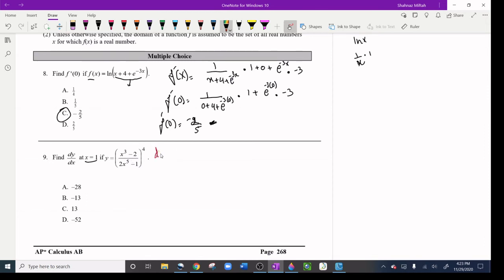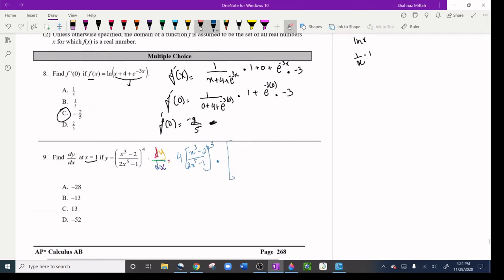I'm going to have dy/dx equal 4 jump to the front, and I'm going to keep the inside as it is, which is x cubed minus 2 over 2x to the power 5 minus 1, to the power 4 minus 1, which is 3, times the inside derivative, which is my quotient rule.